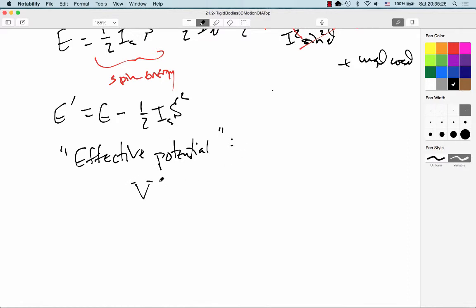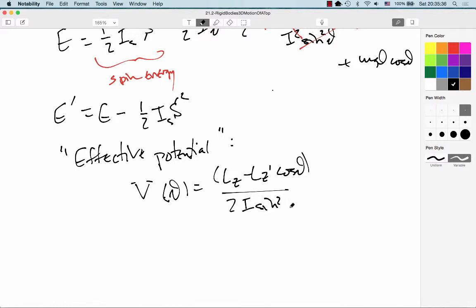will be V of theta is equal to (LZ minus LZ prime cos theta) over 2I sine squared theta, plus MGL cos theta. So this is really a kinetic energy term, but it only depends on theta, so it's a function of the position. So it acts like a potential.